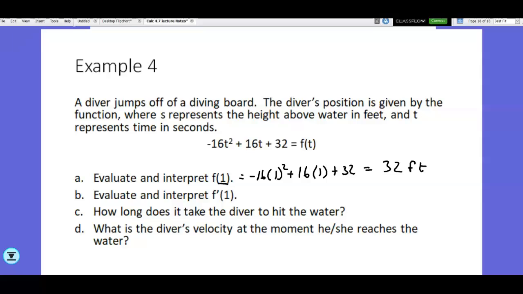Well, if f equals this, then f prime is what we need to find next. The derivative of this is going to be negative 32t plus 16, and then 32 goes away, right? But what does this mean? Well, we know this one here represents position, so let's write that down.